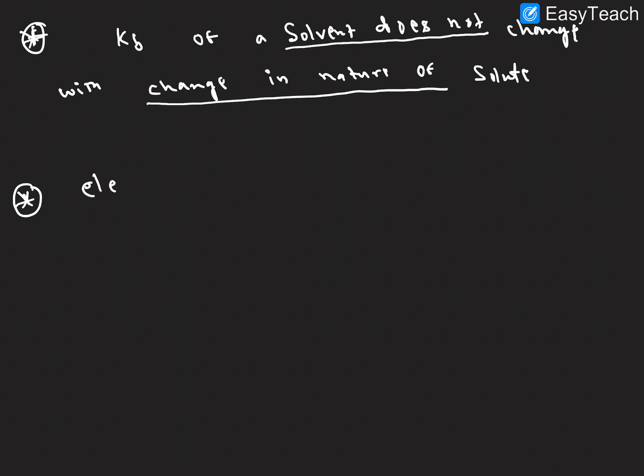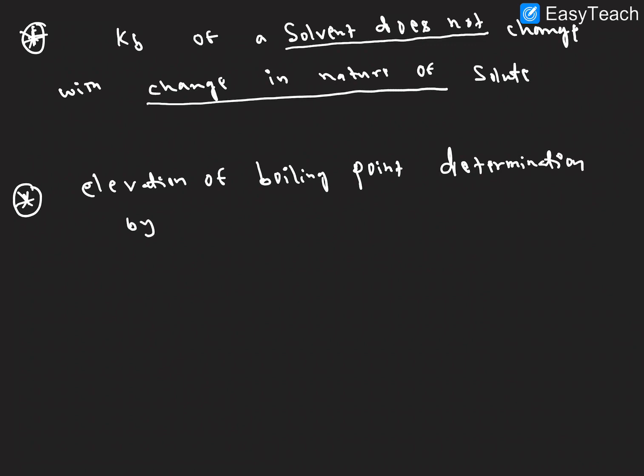The elevation of boiling point is determined by the Cottrell method.